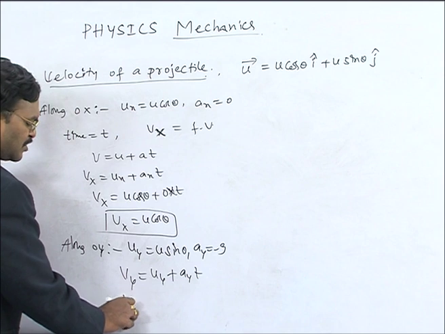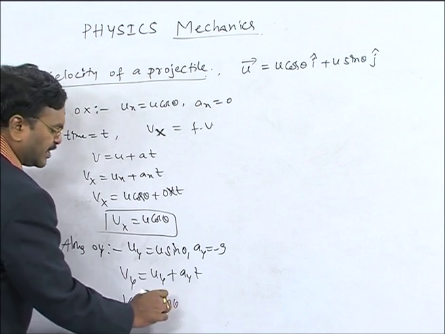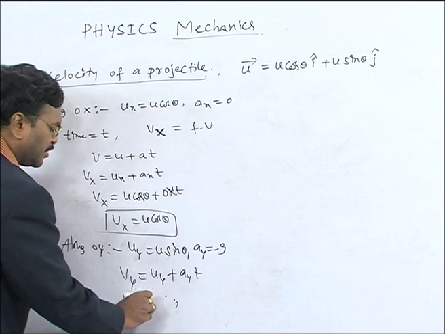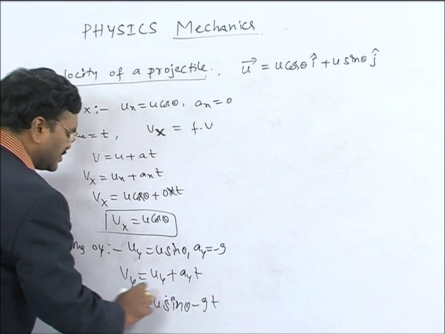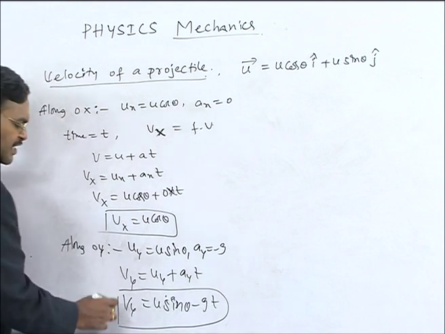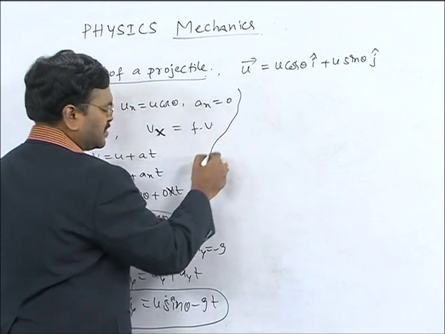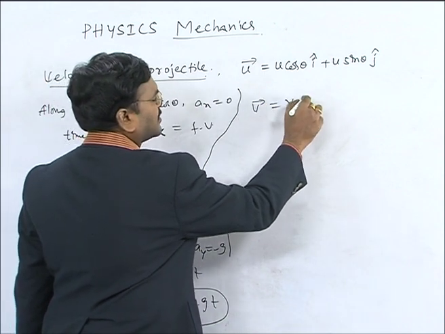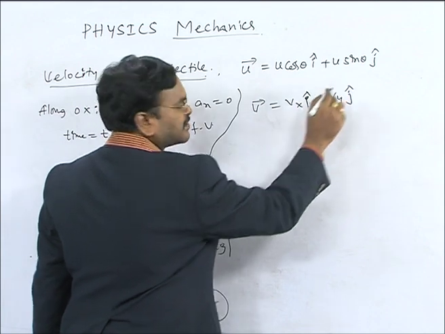So vy is equal to u sin theta minus gt. This is the vertical direction. Now the velocity vector v bar is equal to vx i cap plus vy j cap.